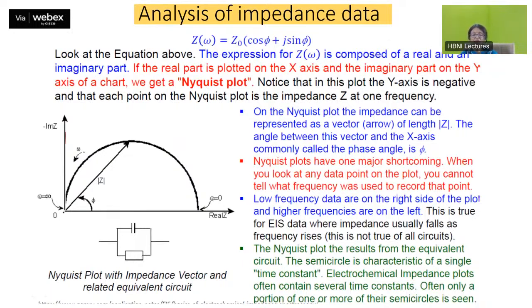In this plot, the y-axis is negative, and each point represents the impedance Z at any one frequency. On the Nyquist plot, the impedance can be represented as a vector of length Z, and the angle between this vector and the x-axis is commonly called the phase angle, or phi.